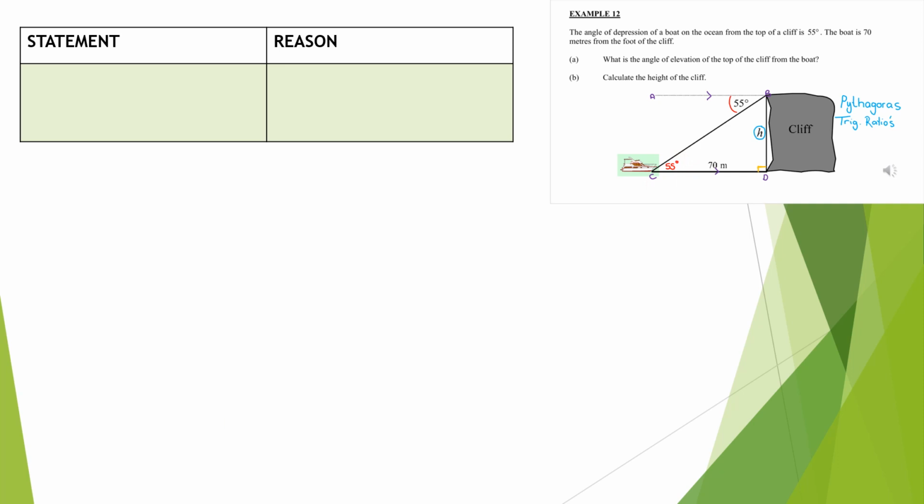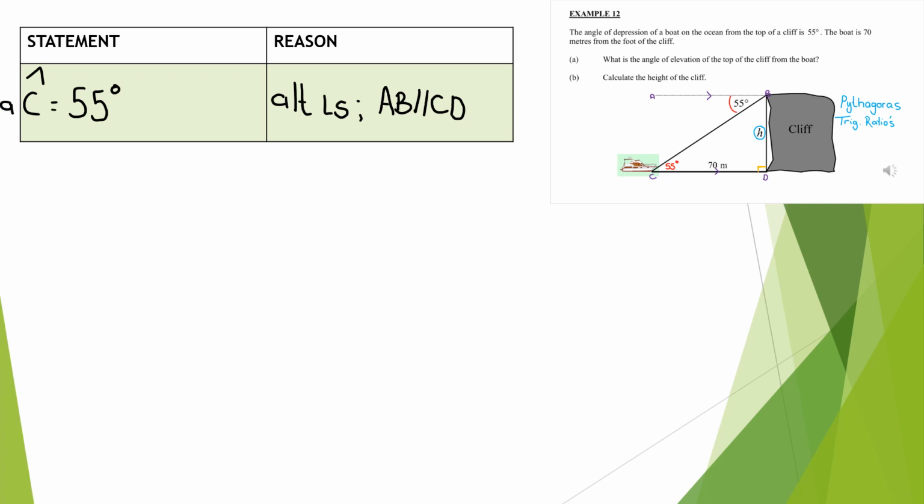We say that angle C is equal to 55 degrees, and the reason is our alternate angles, and AB being parallel to CD. So that is our first answer done.